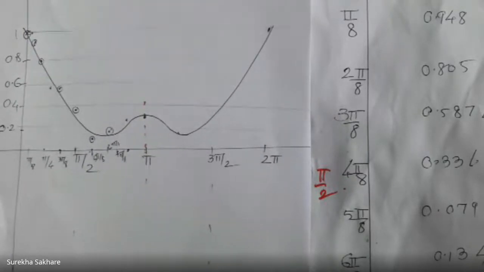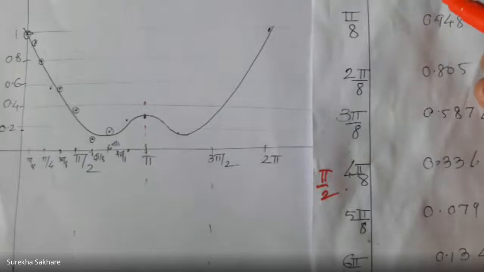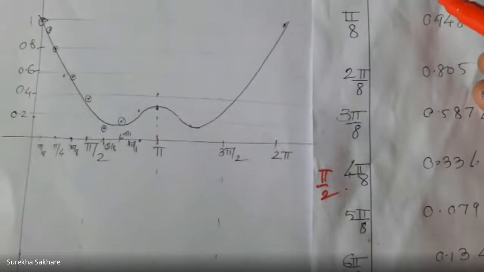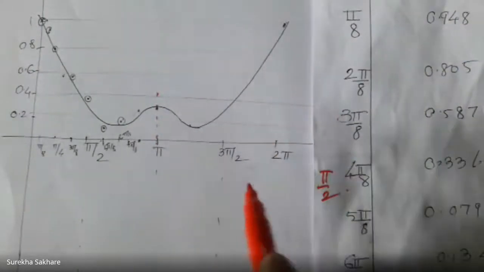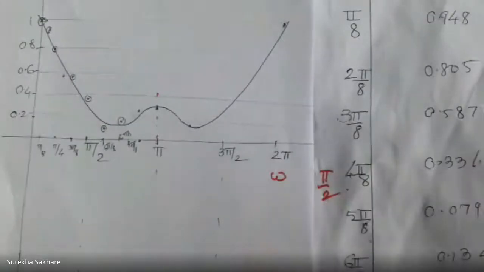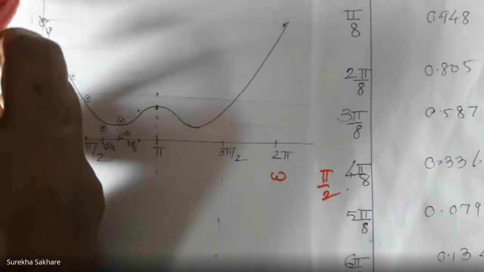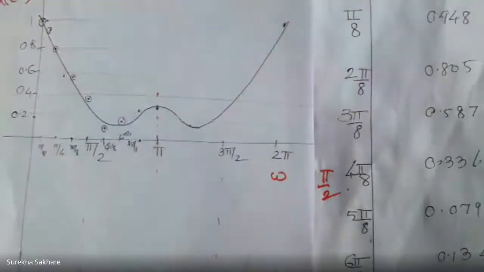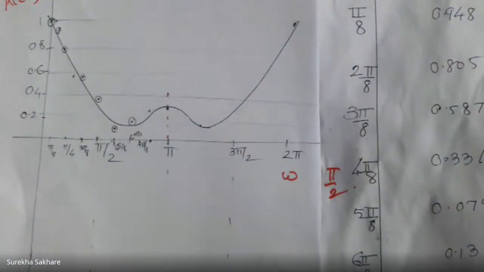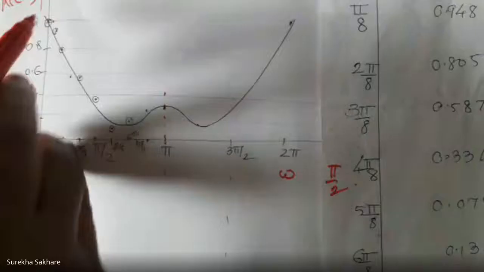Now at 0 degrees, see on the x-axis we are having all the pi's. This is omega. And this is the magnitude. Okay, the magnitude will be plotted here. The maximum value is 1 always, normalized.